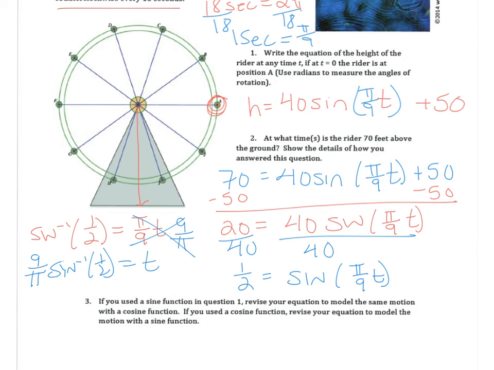Well, that doesn't really mean much. So let's take out our calculators and figure out what that is. Make sure you're in radian mode. And if you type that in your calculator, you should get about 1.5 seconds for time.